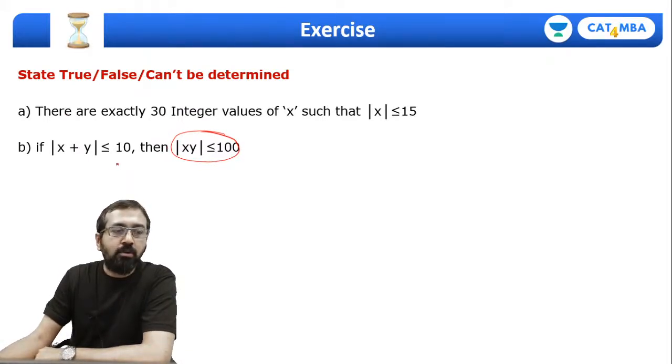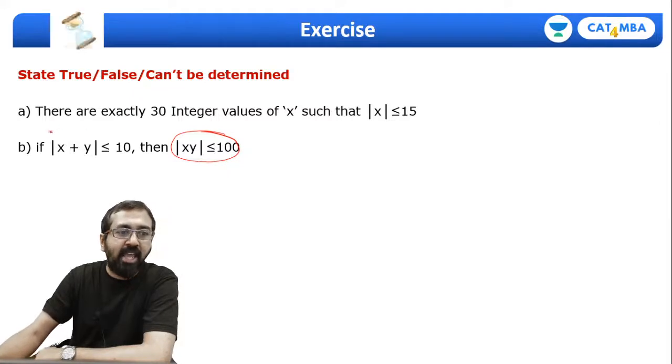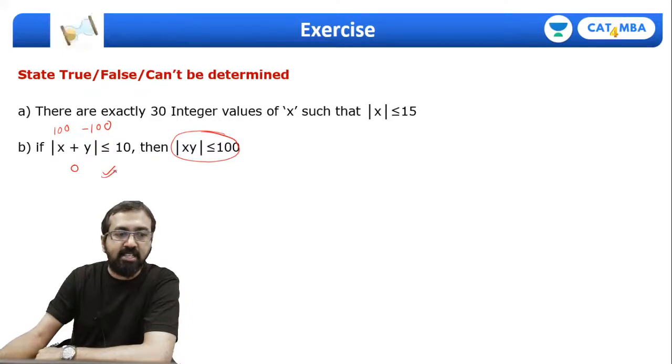Guys, have you been given that x and y are positive? Is it necessary to take x and y positive? No, nothing is mentioned. We are assuming that x and y are positive. We didn't think about negative numbers. What if I take x as something like 100 and y as minus 100? What is 100 minus 100? It's 0. Can I say 0 is less than 10? Yes, that's correct.